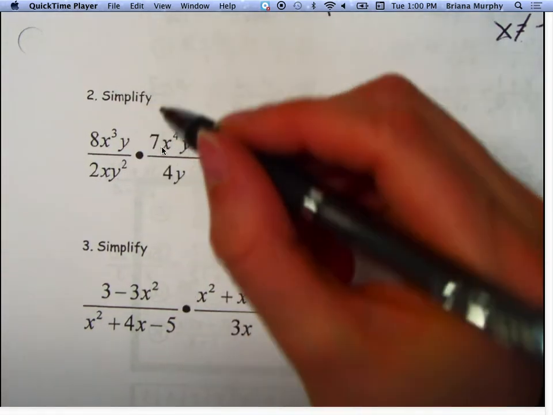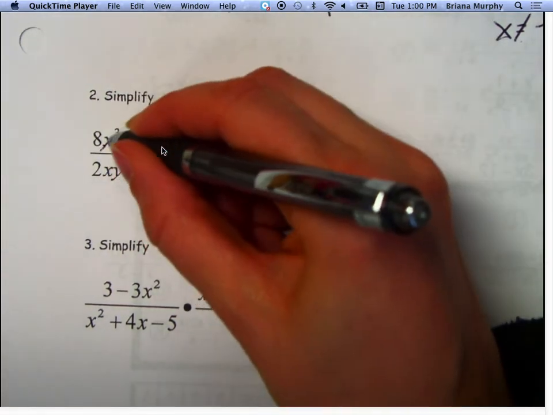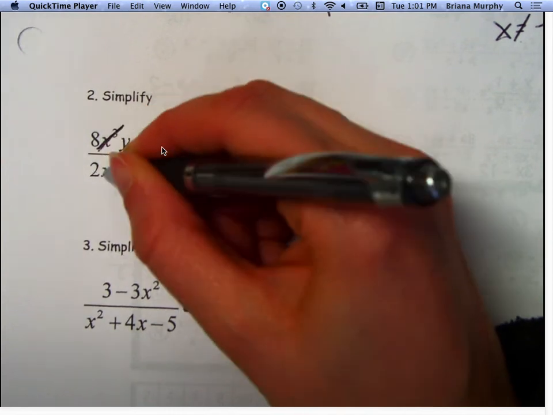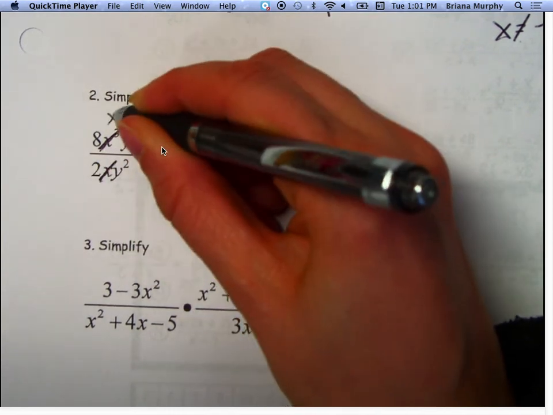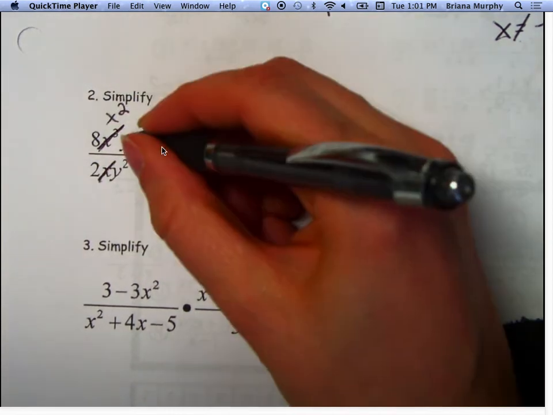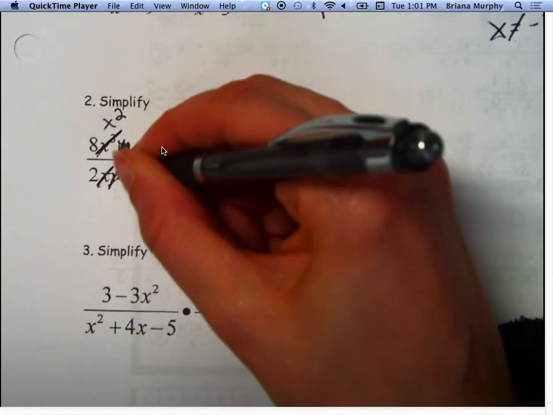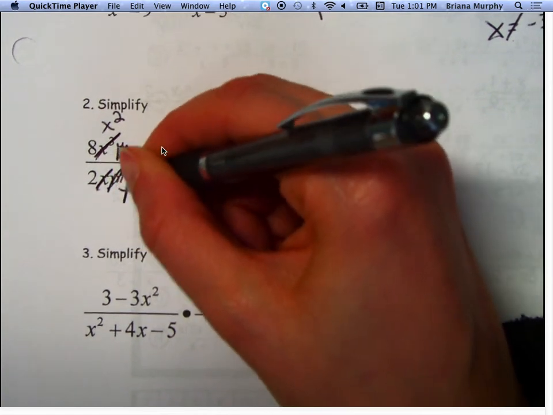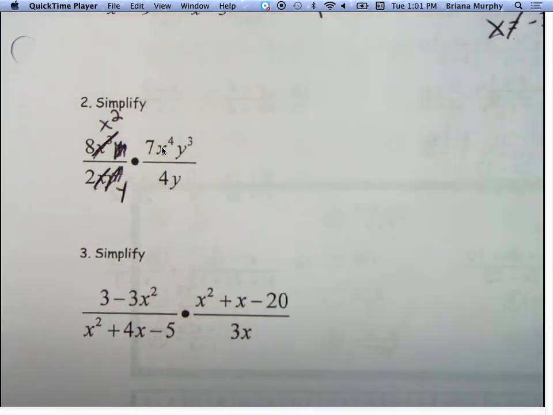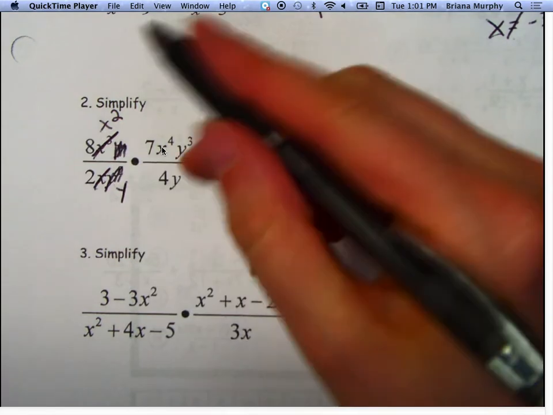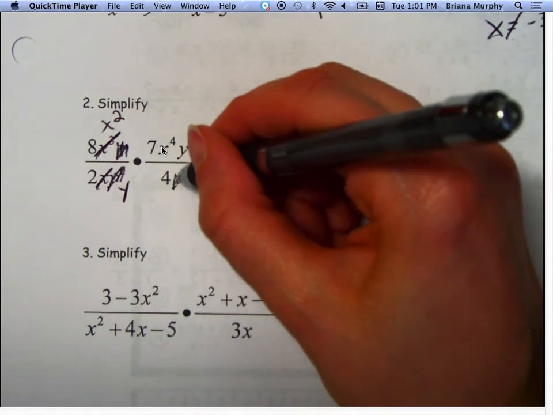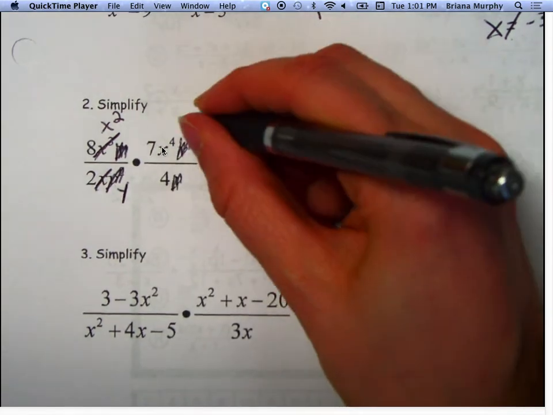First, this has 3 x's here, and this has 1, so I'm just going to leave it as 2 x's. This has 1 y up here but 2 down here, so I'm just going to leave it as 1 y. I'm going to do the same thing for here, and then I'm going to cross-reduce as well. This has 1 y and this has 3 y's, so I'm going to change it to 2.